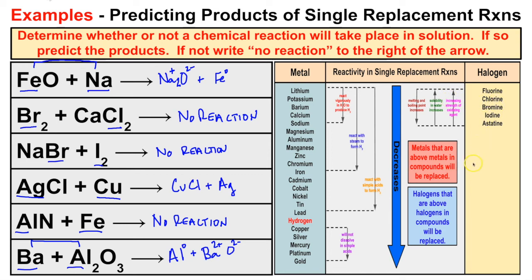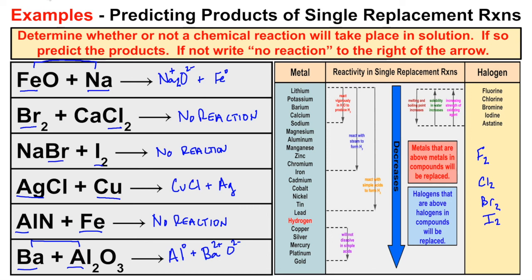So for example, fluorine, when it's not bonded to another element, will always be bonded to itself and form a diatomic molecule. Same thing with chlorine, same thing with bromine, and same thing with iodine. So keep that in mind when you're writing these chemical reactions and predicting the products, that when they're not bonded to another element on the periodic table, they're going to have to be bonded to themselves.